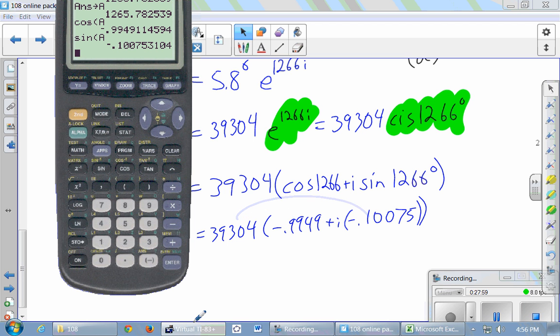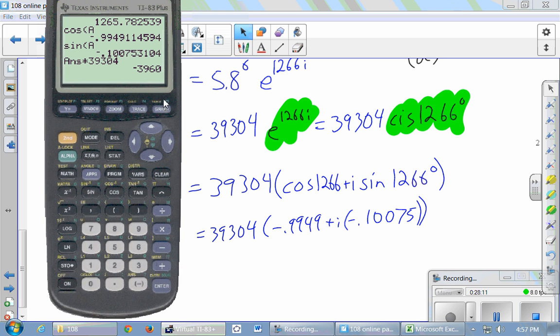And so let's do that here. I'm going to multiply that guy by 39,304. And then we get that nice number, which is kind of surprising because it was quite not nice in the beginning. And then we'll go ahead and do the 39,304 times the cosine of a. I don't want to retype. I want as accurate as possible. So I get that.